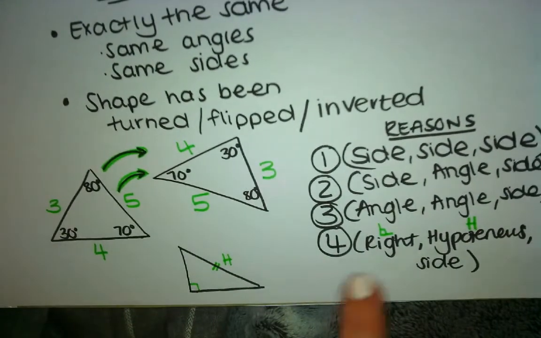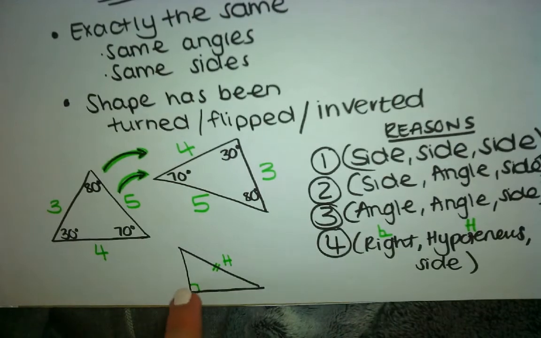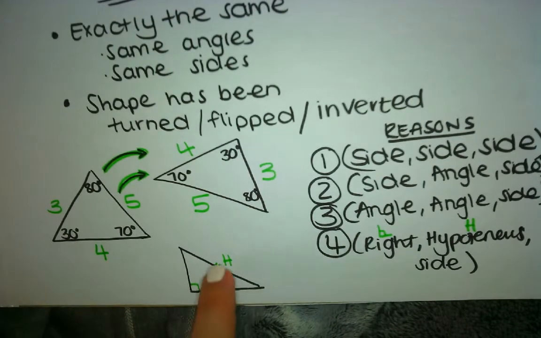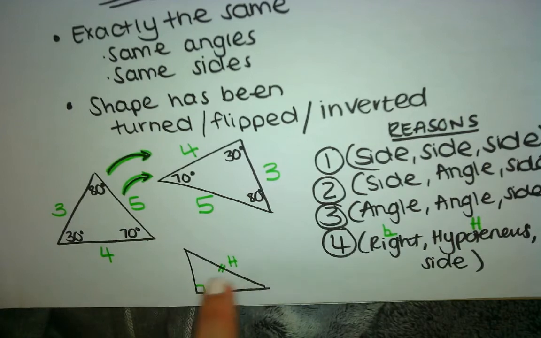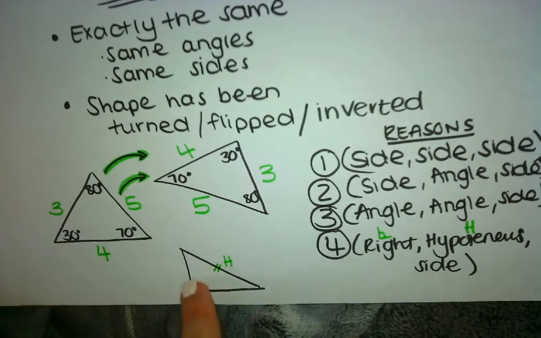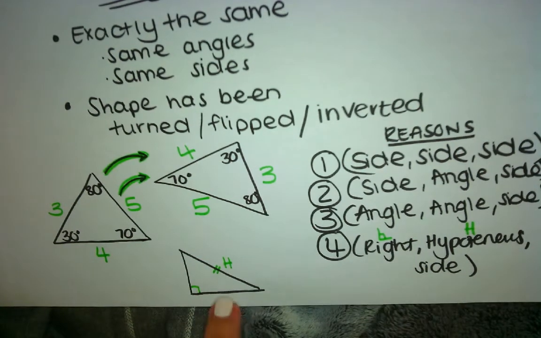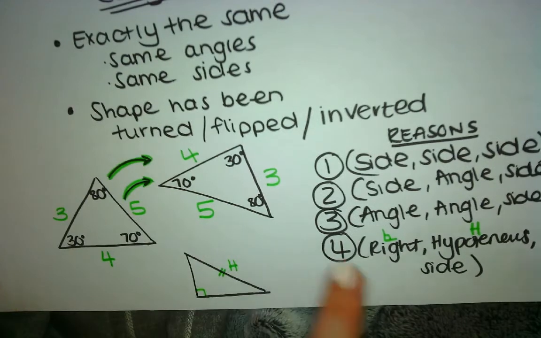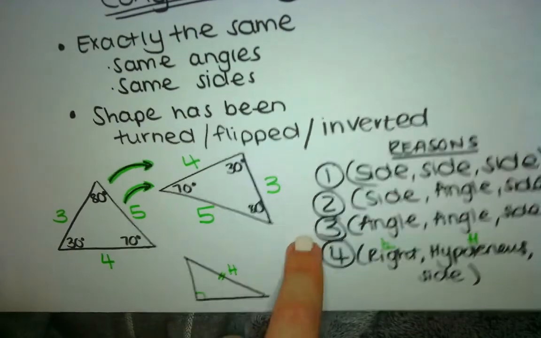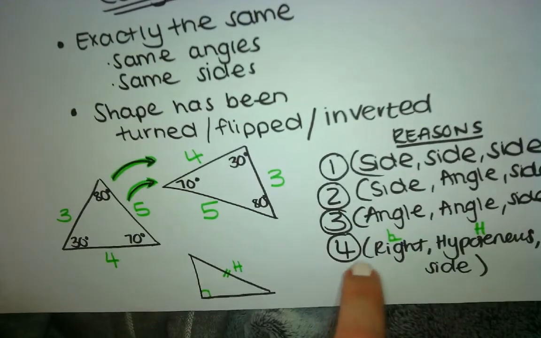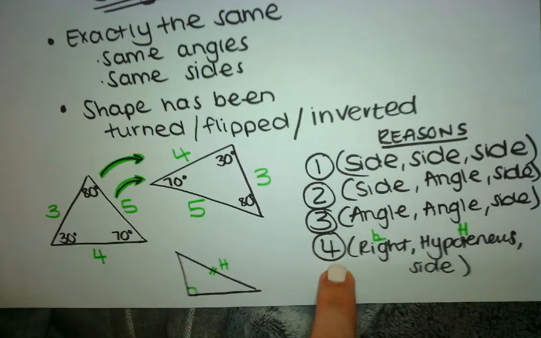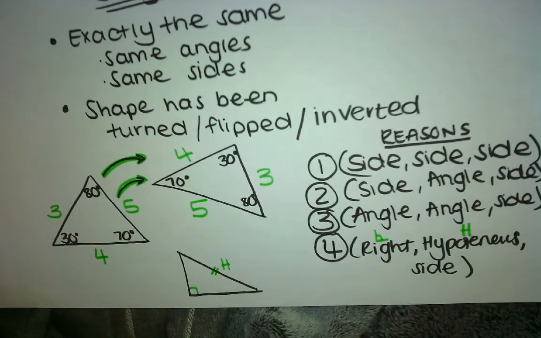It only works with a right angle triangle, so they will always have a right angle in there, and your hypotenuse is the longest line, opposite the right angle. You don't need to really know that for grade 7, but I'm just telling you for when you get to high school. And then a side, which can be any one of these sides. The main three that we're going to focus on are these three here, but you also need to know that there are four reasons to keep in mind.